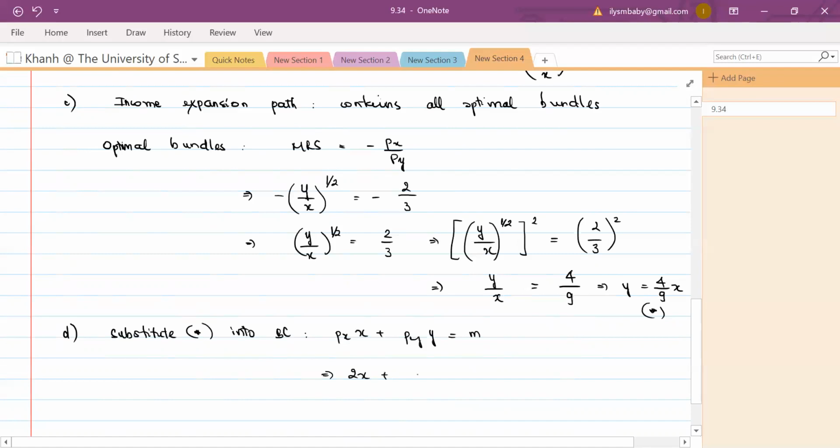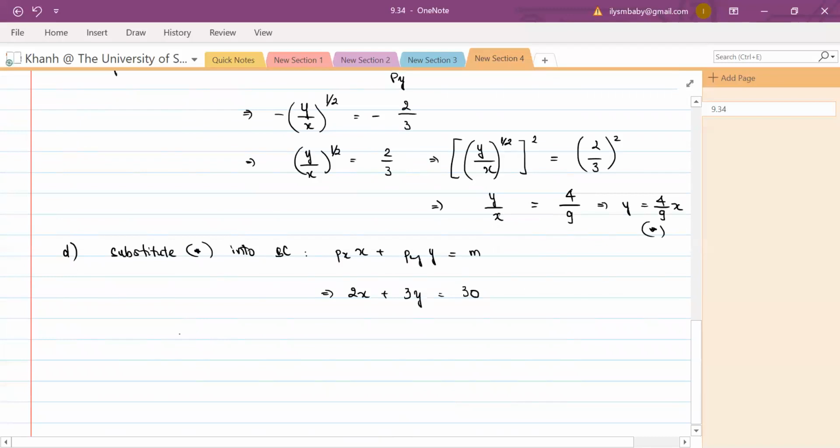Px is 2, Py is 3, and income is 30. So I have 2x plus 3y, and y is 4 on 9x, everything equal to 30. So 2x plus 4 on 3x equals 30, that is 10 on 3x equals 30, so therefore x equals 9.